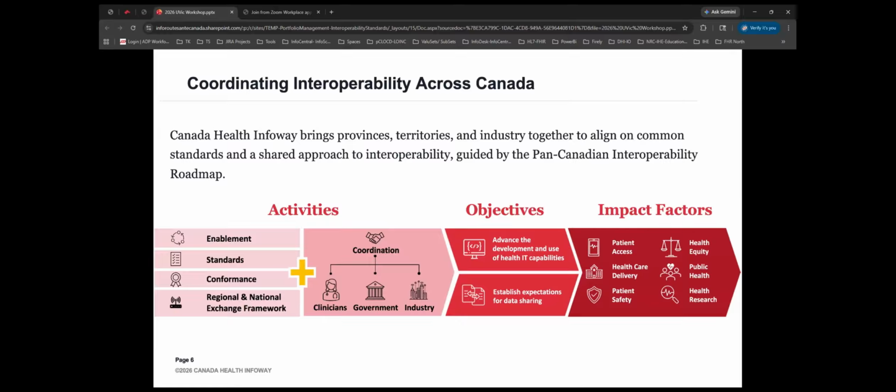This is basically where we bring clinicians, government, and industry together to be clear about how health data should be shared. And finally, on the right, you'll see the impact that we are after, which is better care, safer care, and data that can actually be used for public health and research.